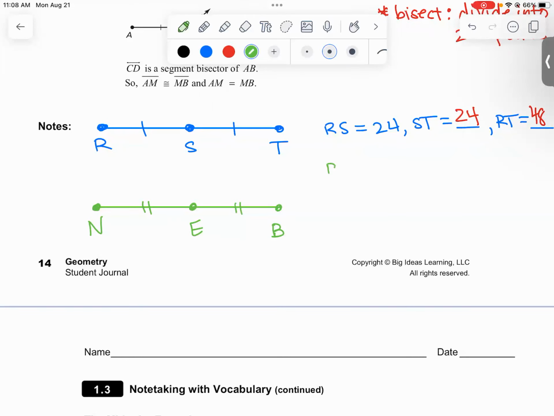So this time I'm going to tell you that NE is 6x minus 7 and EB is 5x plus 1. And I want to know what MB equals.